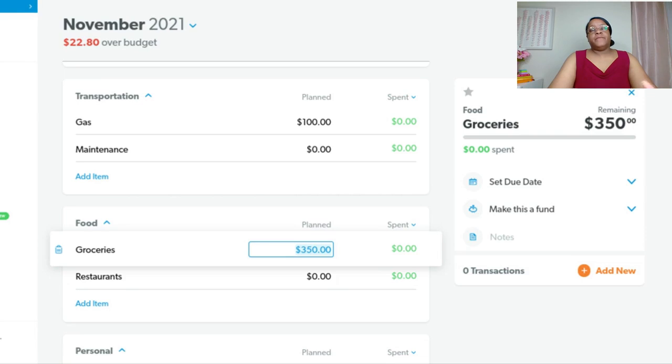So month to month budgeting does require a little bit more forethought to get the expenses just right. So let's drop back the groceries because I think this is about $70 a week. So we drop this down to 280. Yeah, because that's 70 a week.